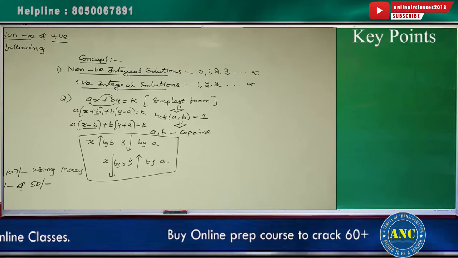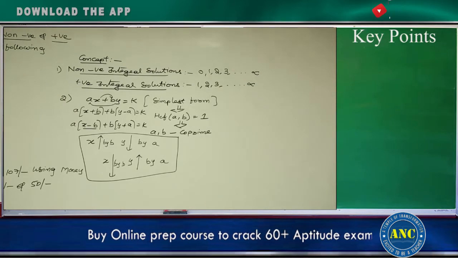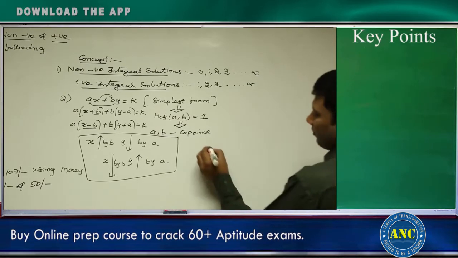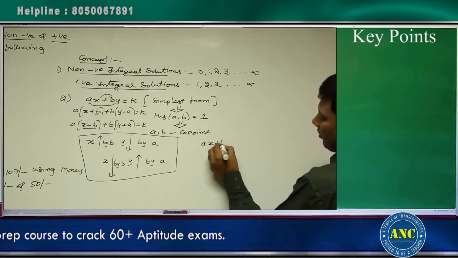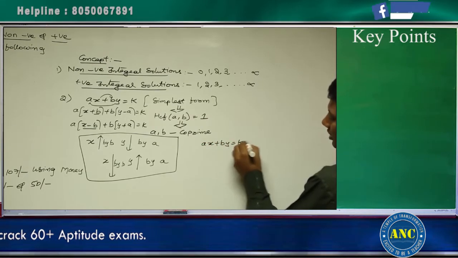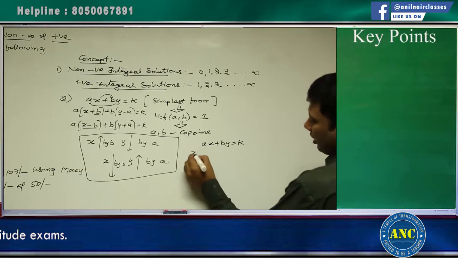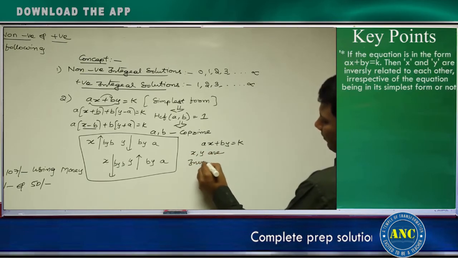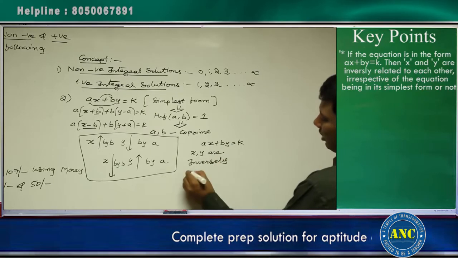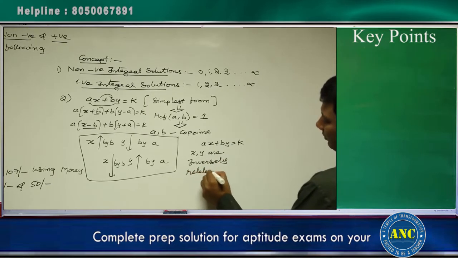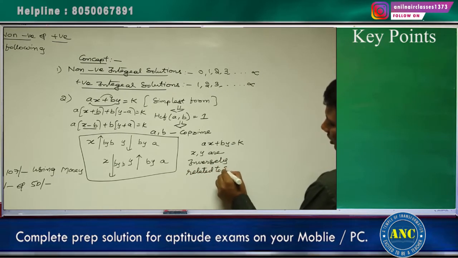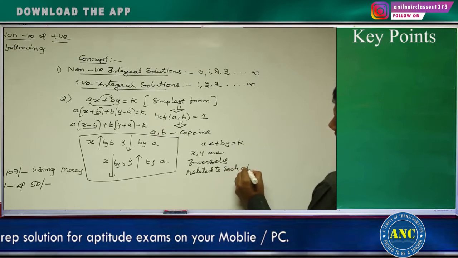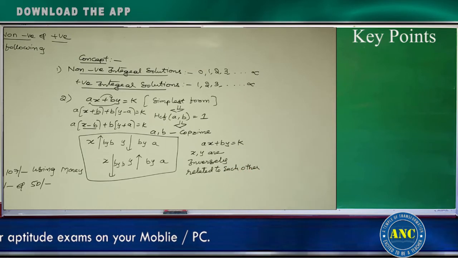X and y are inversely related to each other. If the equation is of the form ax + by = k, whether it is in simplest form or not, x and y are inversely related. It is not inversely proportional, inversely related.